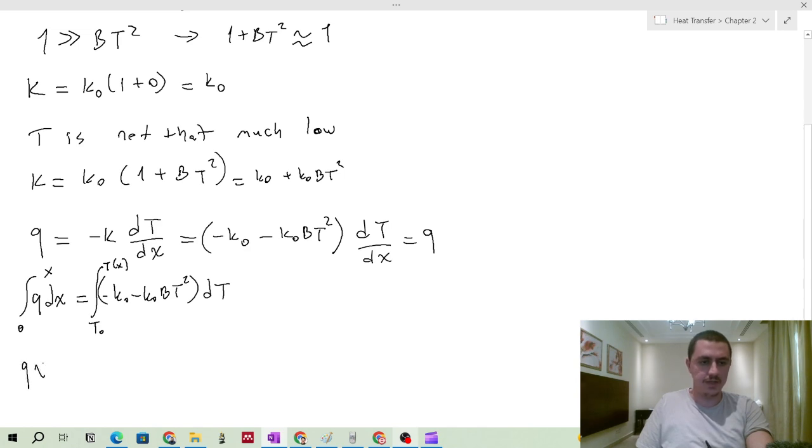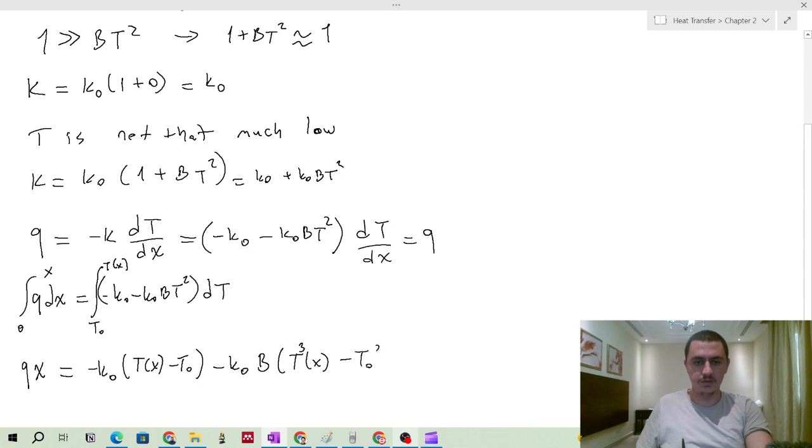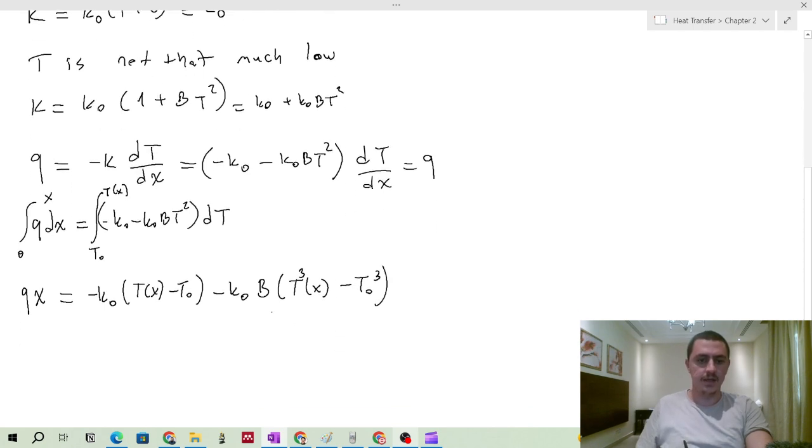So qx is equal to minus k naught times T x minus T naught when you integrate it, and you have minus k naught beta times T x to the power 3 minus T naught to the power 3, over 3 from the integration.